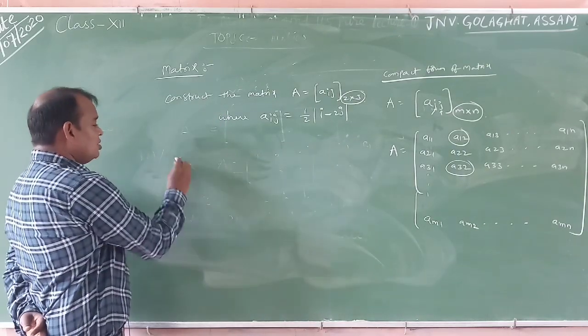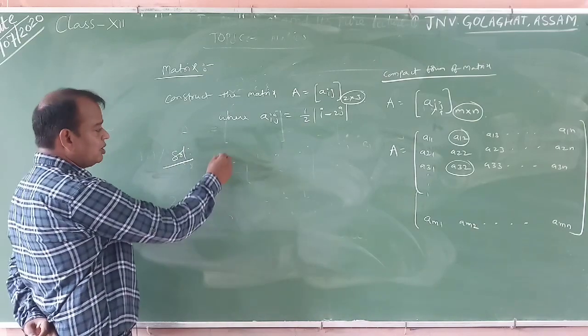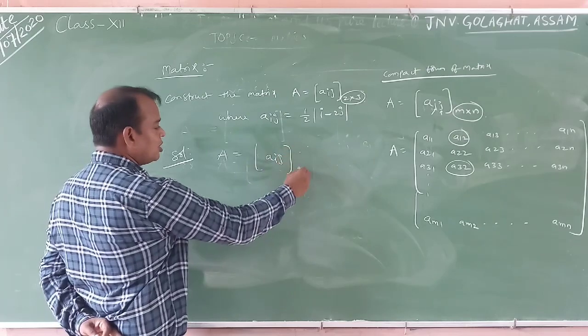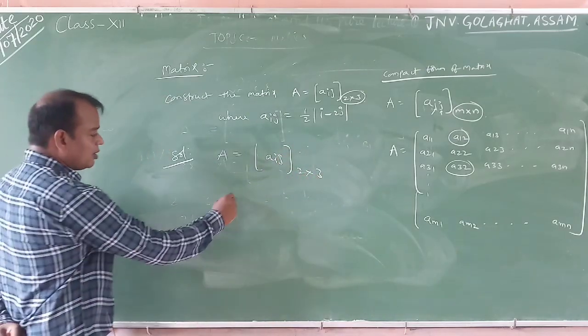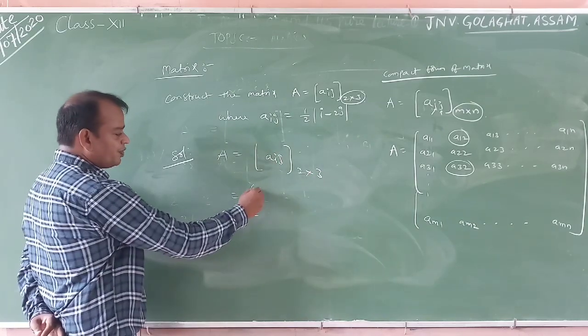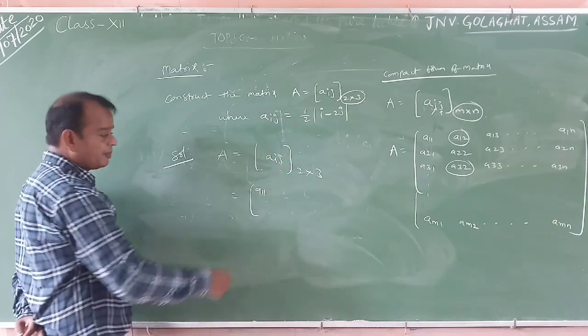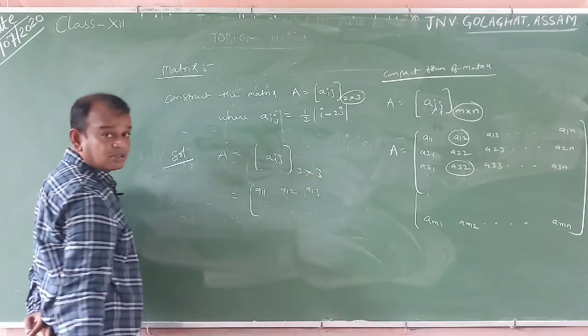Now, let's begin the solution. A is equal to Aij of order 2 by 3. It contains only 2 rows and 3 columns. Aij, first row first column, A11, that is the compact form; this is its expansion: A11, A12, A13, 3 columns.